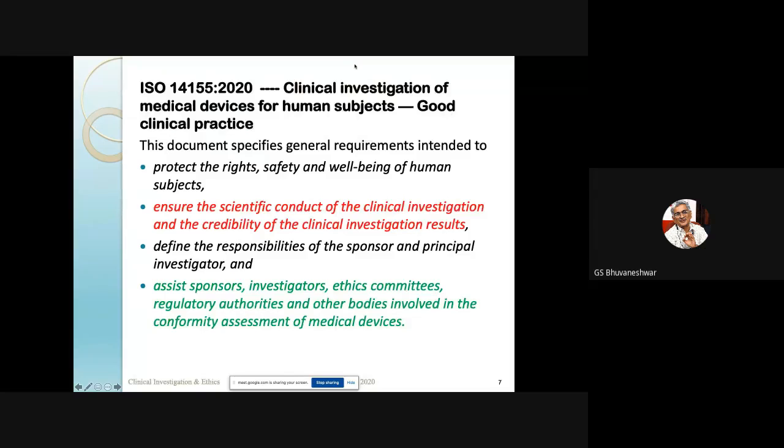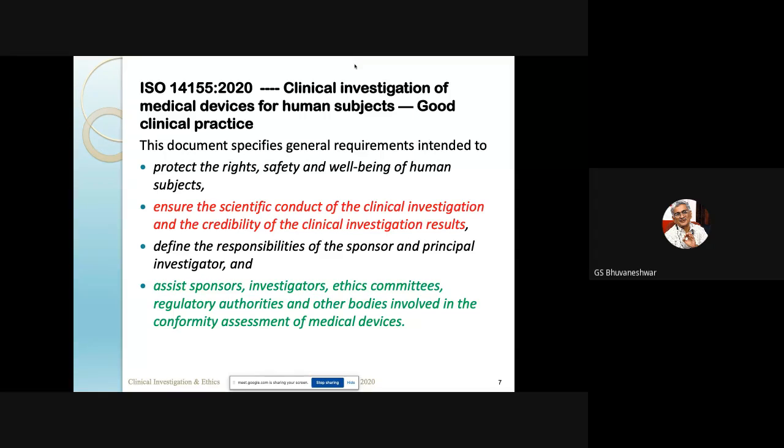But generally, if you have a new device or a substantial change or improvement of an existing device, then clinical investigations will be required in Class C and D devices. There's another international standard called ISO 14155. The latest version is the 2020.